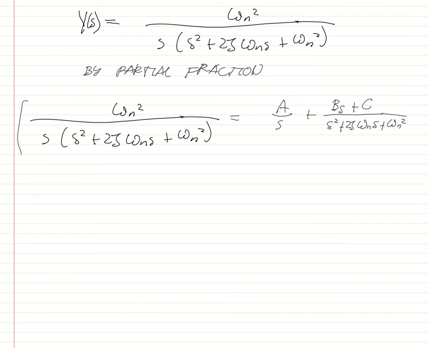First, we can do the second method, but before that, we need to multiply both sides by this denominator. So we just need to cross multiply this.